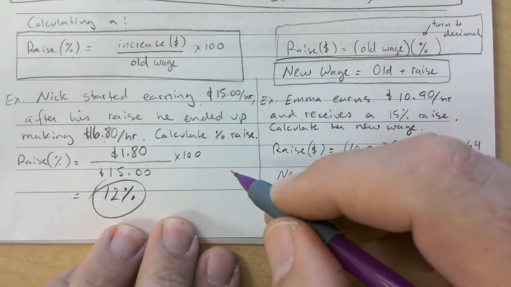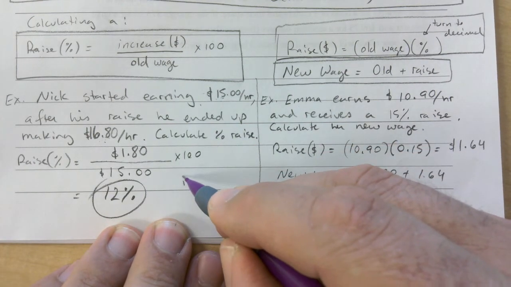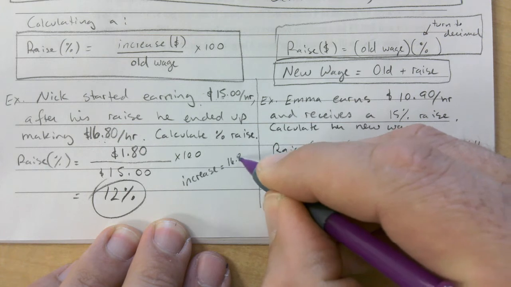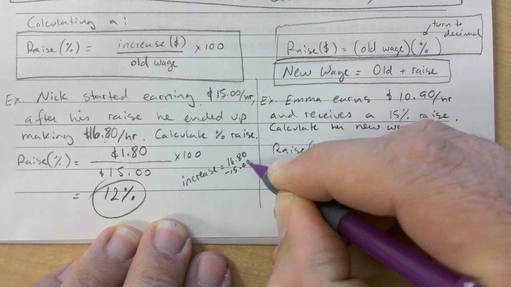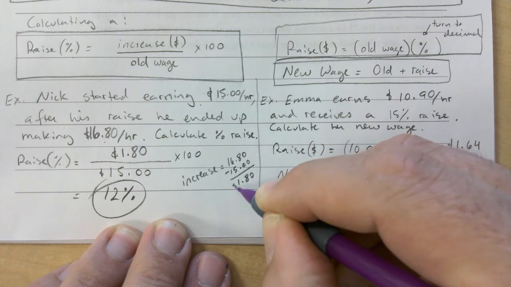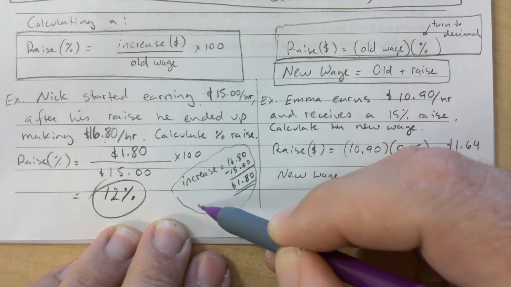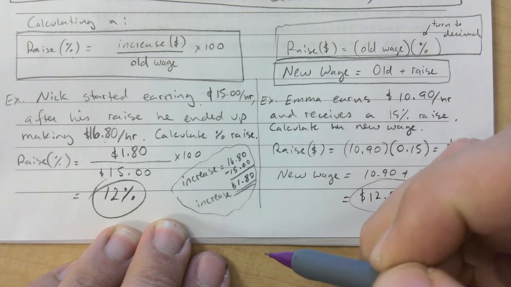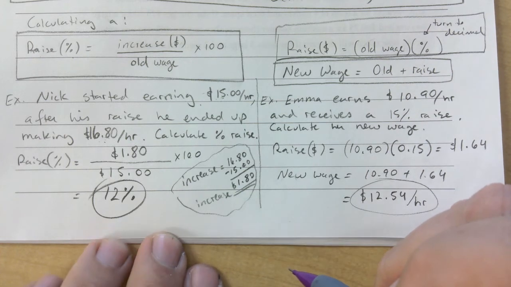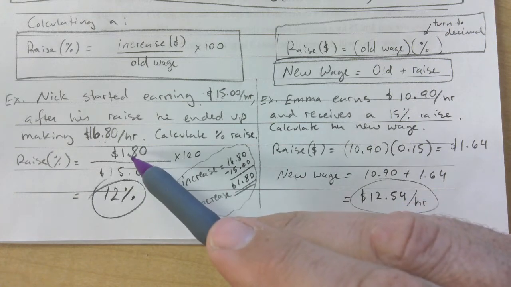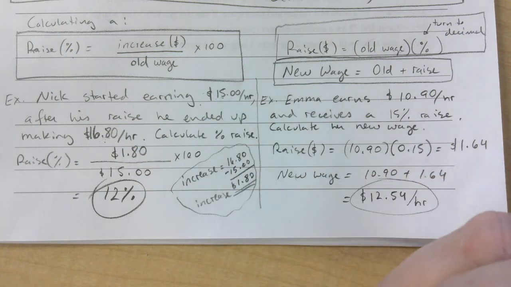So to clarify that, I'll say that increase is equal to 16.80 minus 15, and that's where the $1.80 comes from. Okay, so this is the increase. Good that I saw that. Yeah, I just subtracted. Yeah, good question. So I didn't make a mistake. It's just the increase, right?